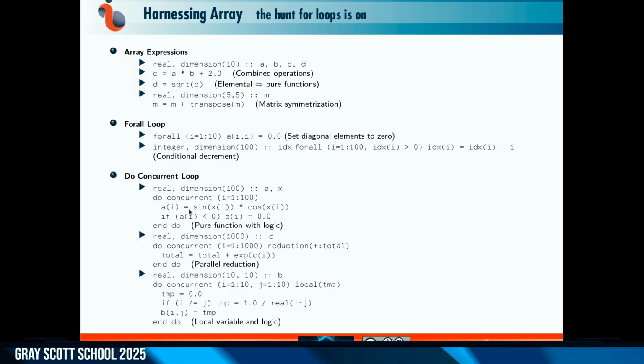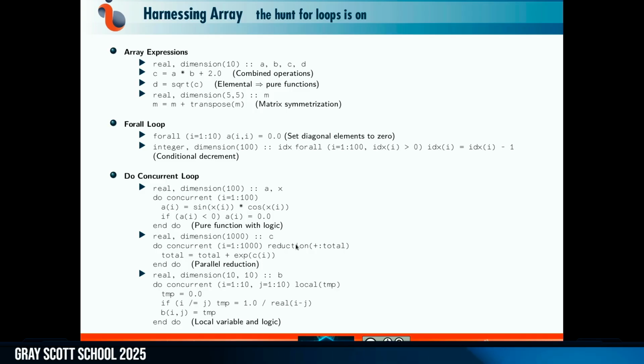So this first do concurrent loop would not be possible because of the if inside. It would not be possible with a for all, I guess.